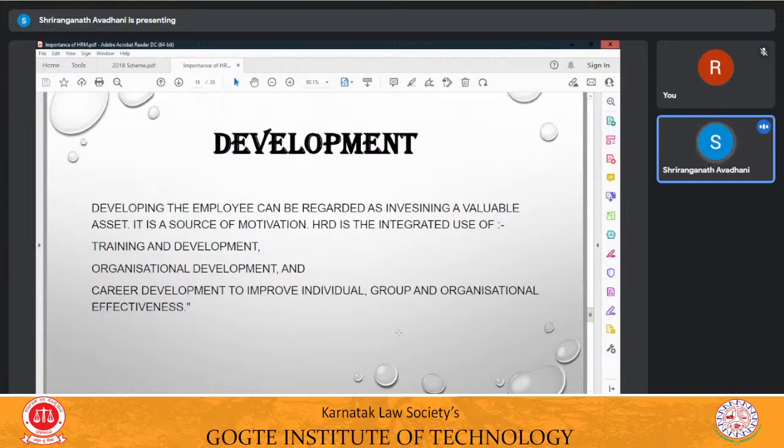Their role was only to appoint the people for the organization and make them work, that's all. But the HR department has totally changed its perspective. Industries nowadays are considering their employees as assets. They are not cost centered, they are profit centered. This mindset has changed.